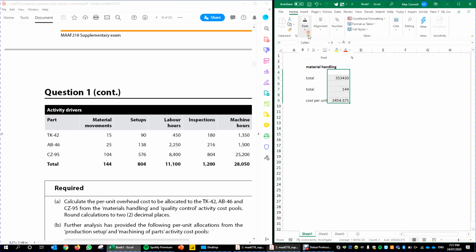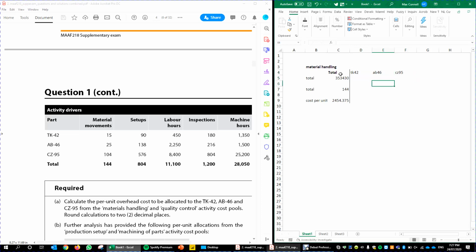So this is total, this is TK42, this is AB46, and this is CZ95.